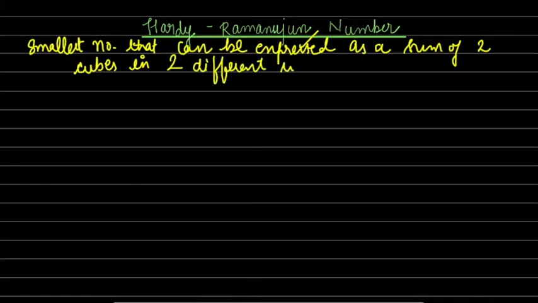So if any given number can be represented as the sum of two cubes not only in one way, rather in two different ways, those numbers are said to be Hardy Ramanujan numbers.